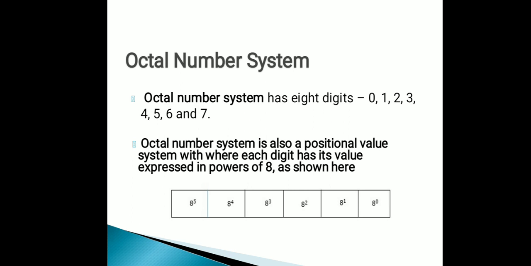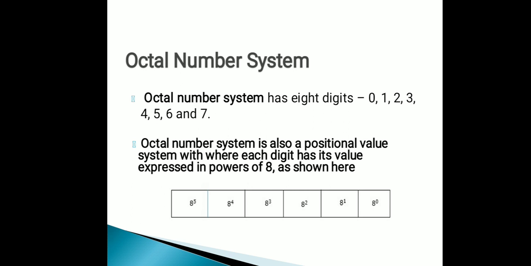You learned about the decimal number system, where the base is 10, and the binary number system, where there are only 2 digits, so the base is 2. Understood? The octal number system is also a positional value system where each digit has its value expressed in the power of 8.